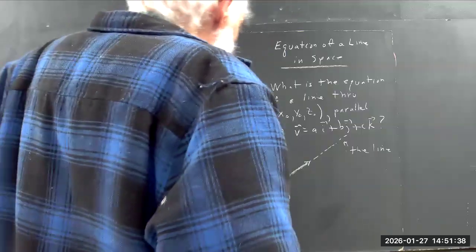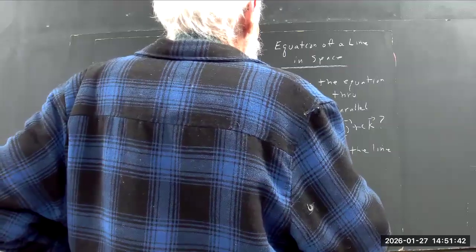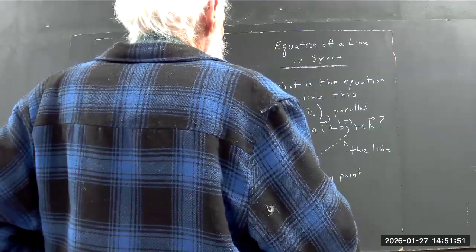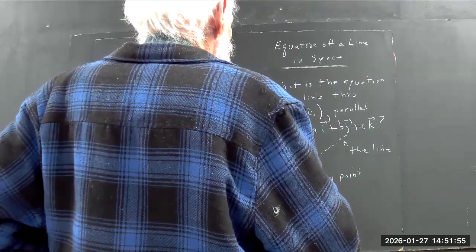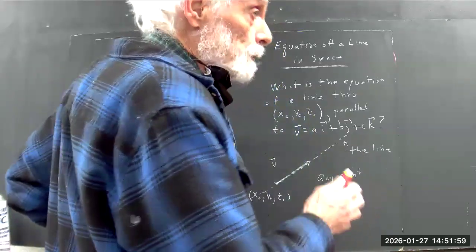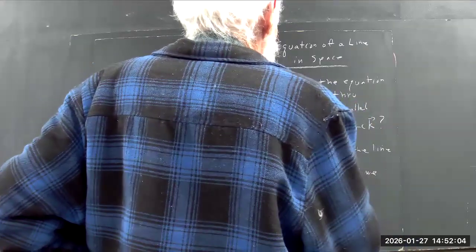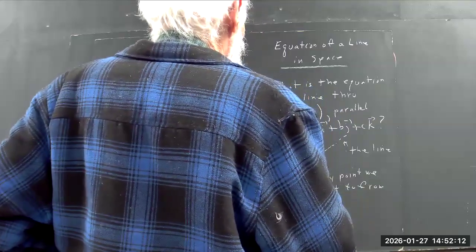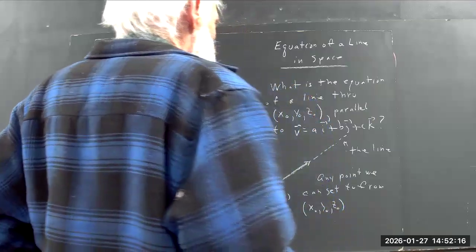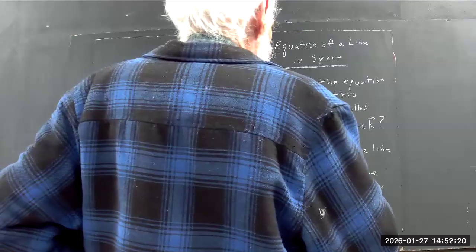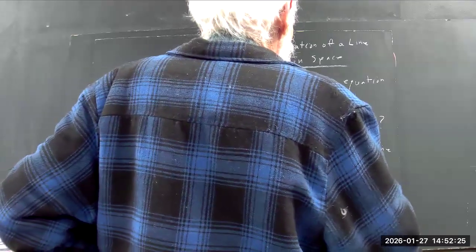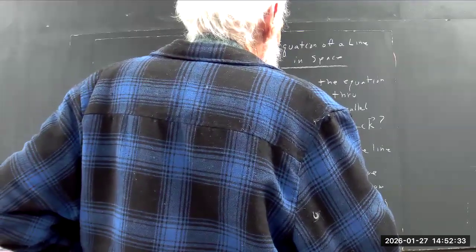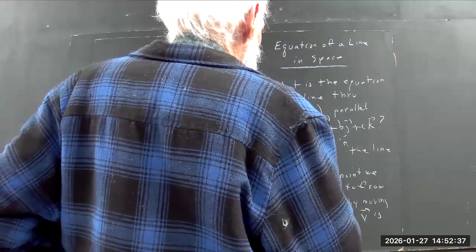It should be clear that any point we can get to from x naught, y naught, z naught by moving some multiple of v is on the line.